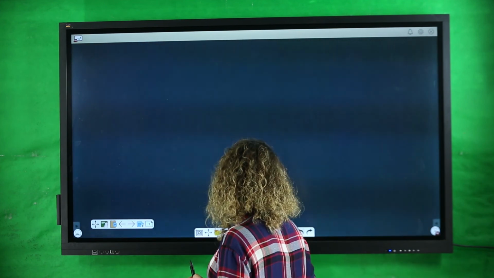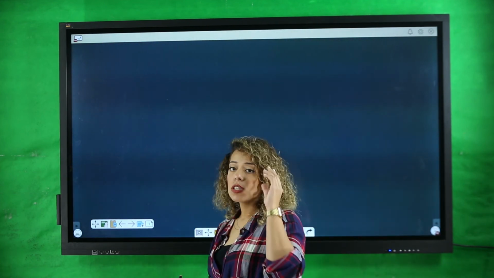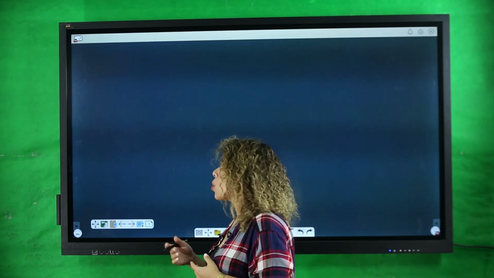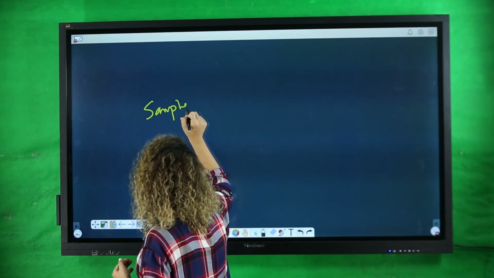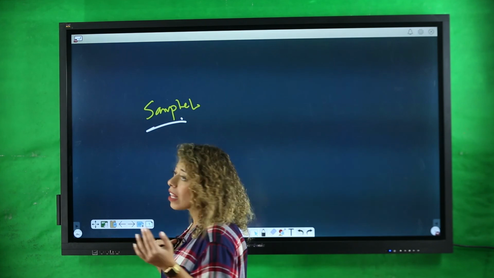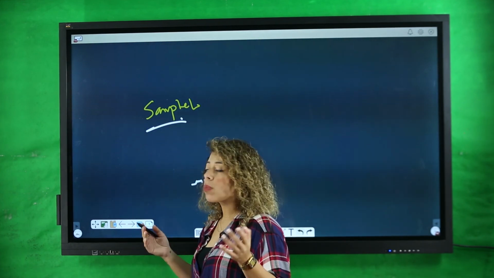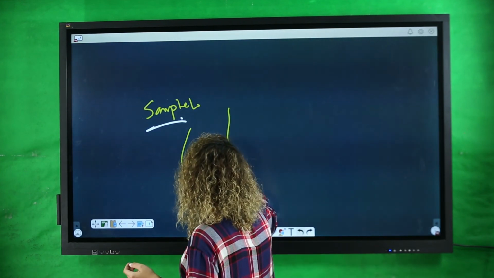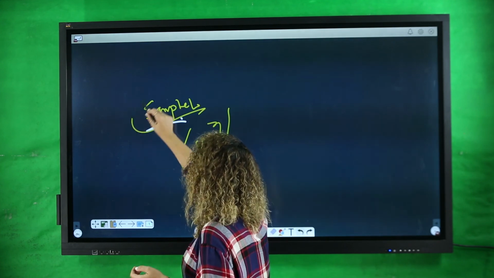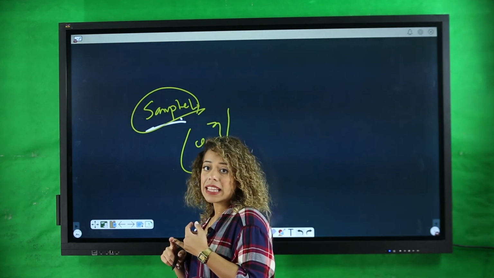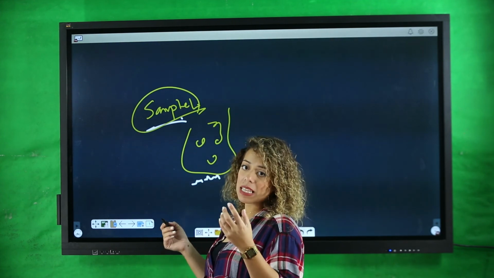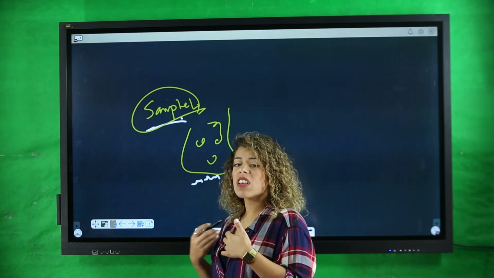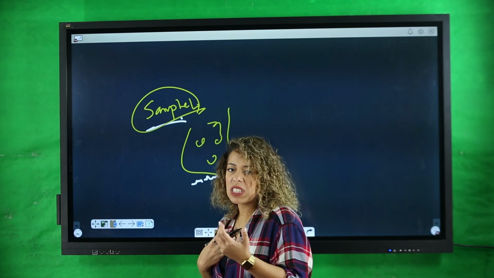Continuing the sampling, a sample is to take something random. So a sample must be random. Why do we take the sample? Because we already did it throughout the experiment when we pick something from the bag. So it has to be random. It has to be inconvenient, because a convenient sample is a sample that I choose, where I play a role, I'm biased to it. What's the meaning of bias?